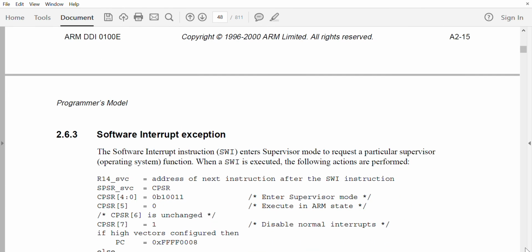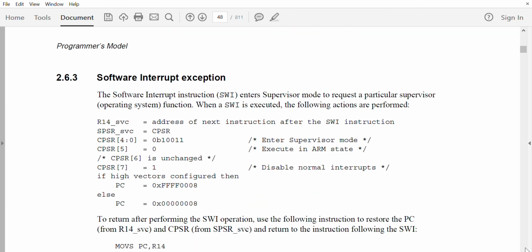Then you have the software interrupt exception. The software interrupt instruction enters the supervisor mode to request a particular supervisor or operating system function.